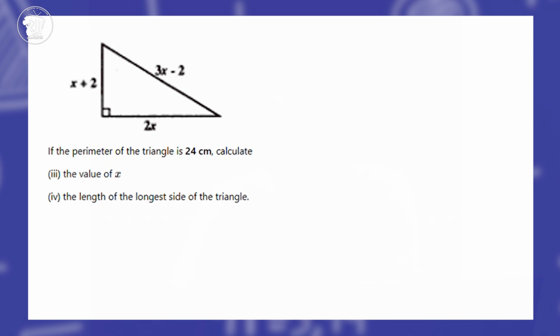Next one. This question says, if the perimeter of the triangle is 24 cm, calculate the value of x. We know that the perimeter is equal to 24 cm, and we found an expression for the perimeter to be 6x just now.